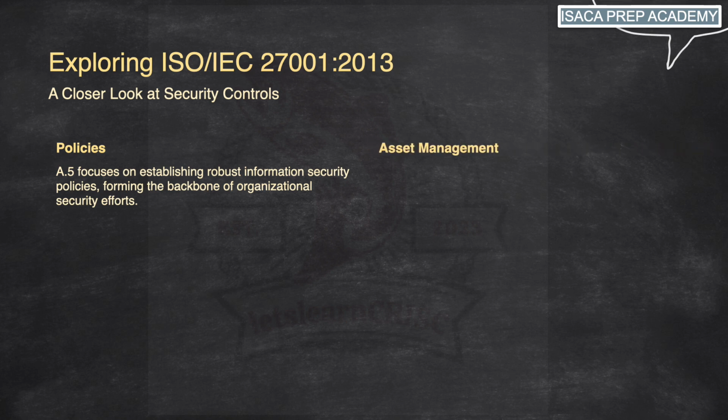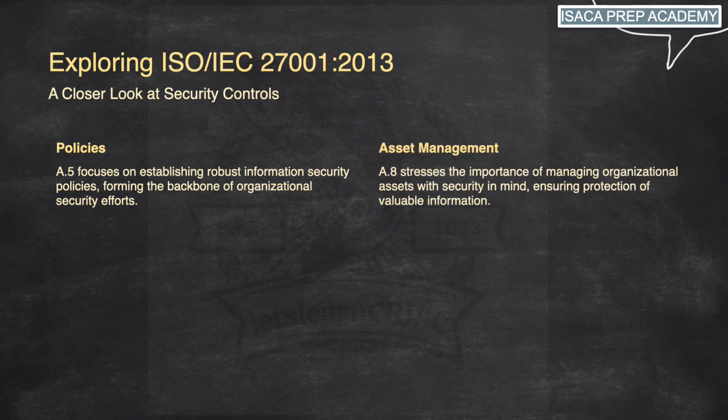Next, about asset management. Friends, section A.8 of the ISO/IEC 27001 standard highlights the crucial role of asset management in maintaining information security within an organization. Friends, asset management involves various key activities aimed at ensuring the protection of valuable organizational assets.